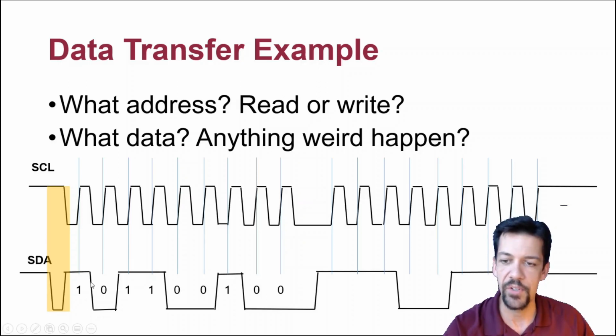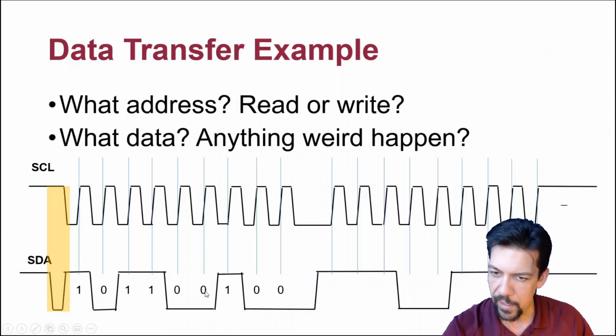Okay, so that's our first 9 bits. So this is our address. Our 7 bits of address, so our address here is 1 0 1 1 0 0 1, right? Because it's 7 bits. These first 7 bits are the address.